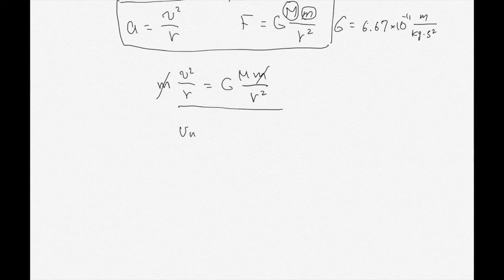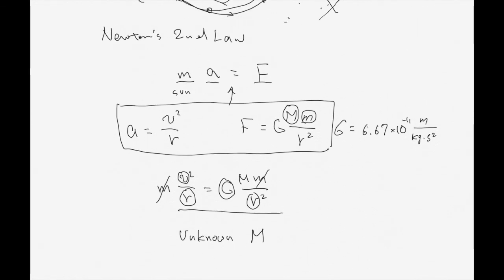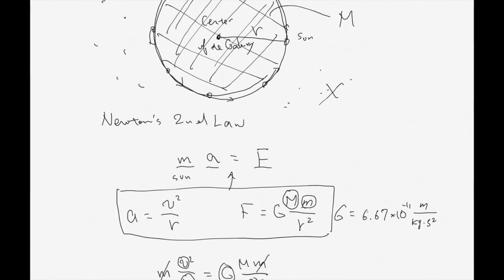From these equations, what are the unknown quantities? We know the orbital speed of the Sun and the distance from the center of the galaxy. We know G is a constant. These are known quantities. So the unknown quantity is the capital M, the mass inside of the orbit of the Sun.